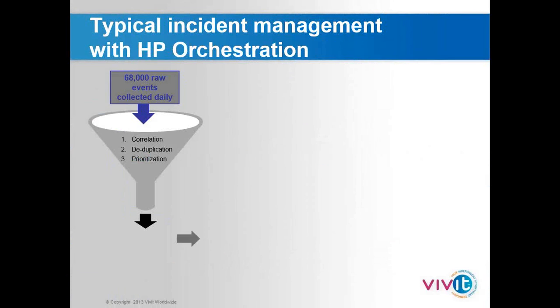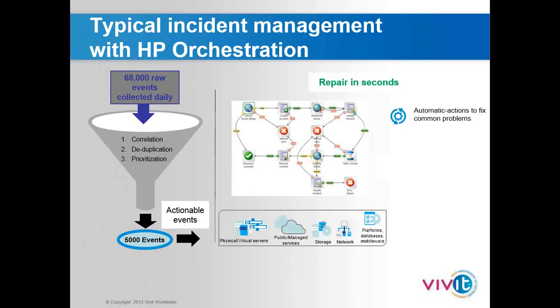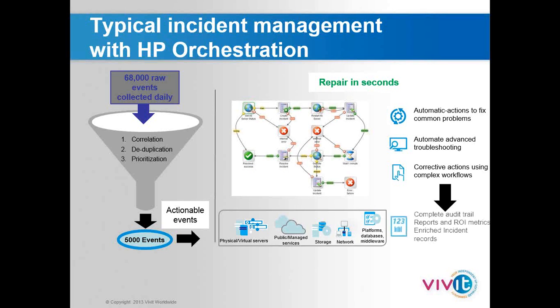In contrast, if we look at the number of events deduced after the correlation, deduplication, and prioritization, say the number of events remain the same, but there are standard operating procedures put up in an orchestration tool, and the orchestration tool can start executing and remediating those problem areas all by itself, we would see many of those issues getting remediated on their own, resulting in the services being available much faster, much sooner, and with no manual intervention, right?